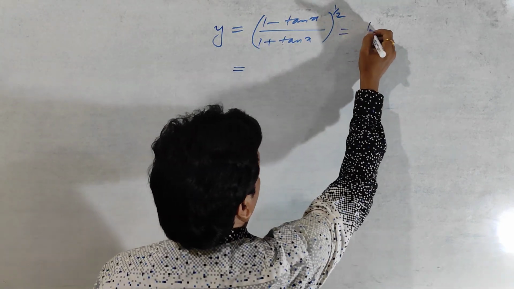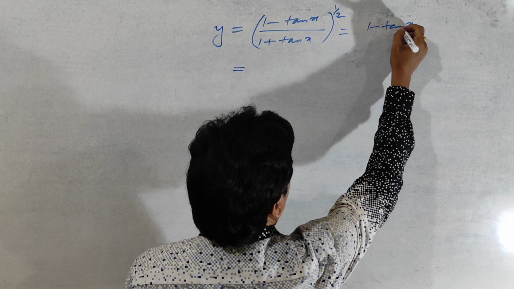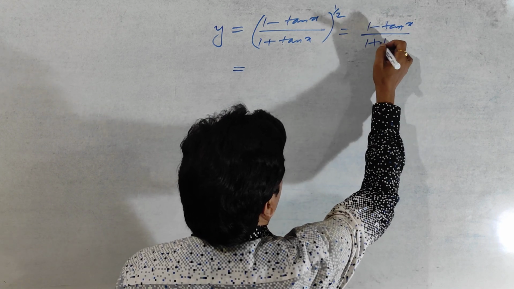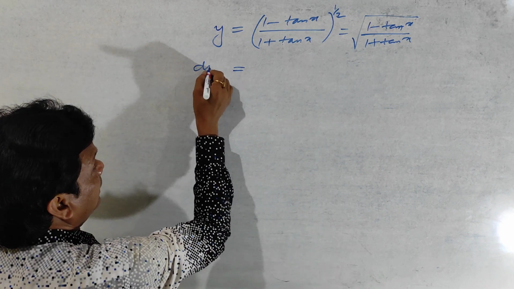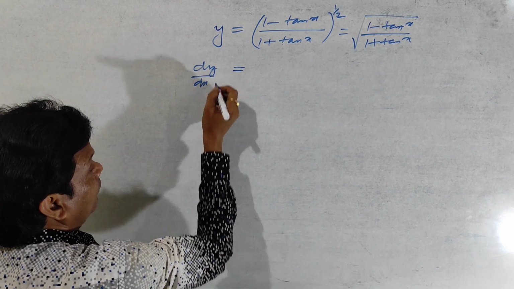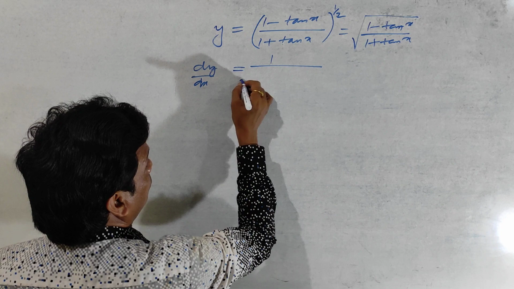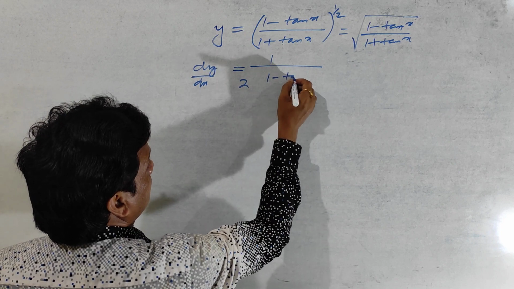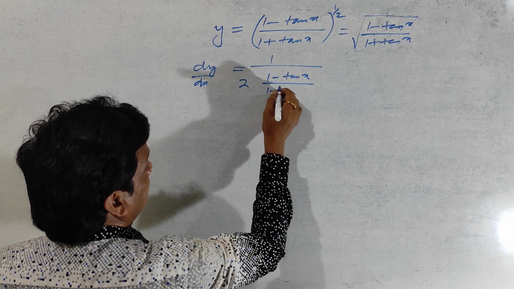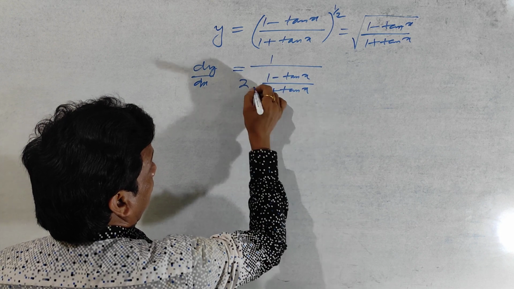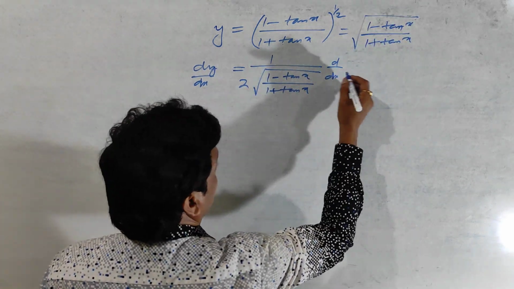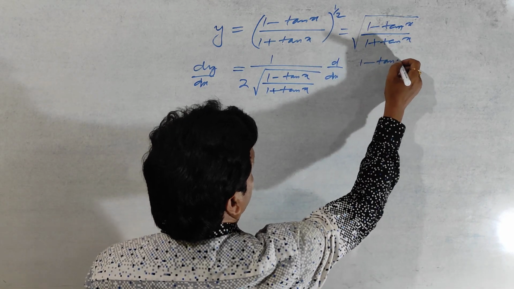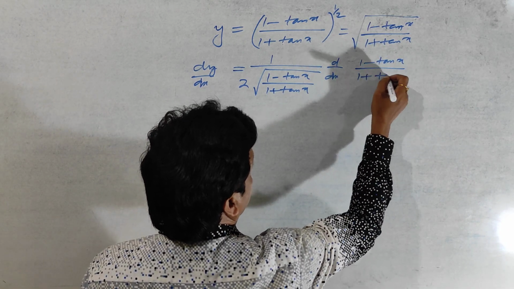I can write this one, root over of 1 minus tan x by 1 plus tan x. So its derivative is 1 by 2 root over of u, 1 by 2 root over of 1 minus tan x by 1 plus tan x into the derivative of u. u is under root 1 minus tan x by 1 plus tan x.